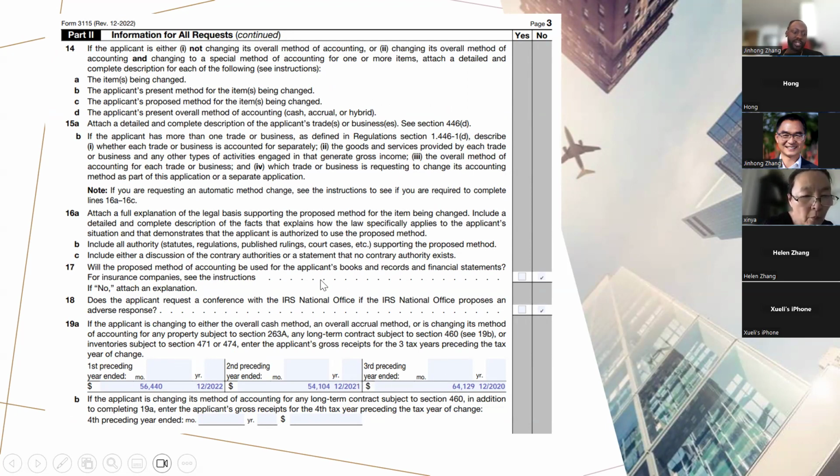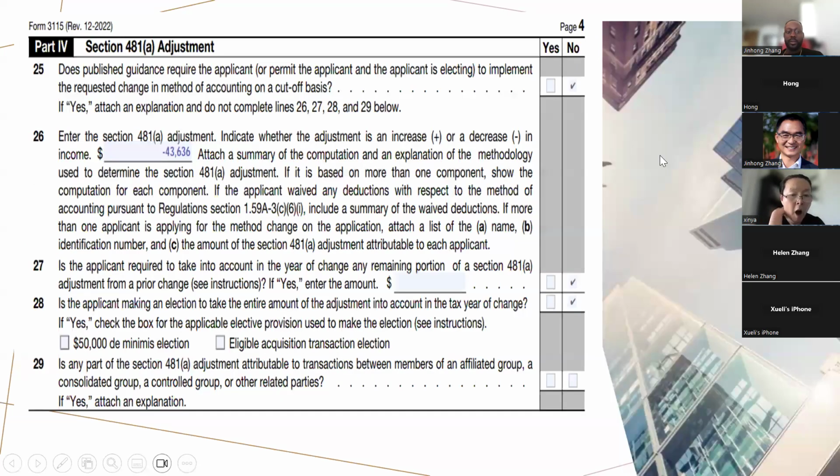You also have to go back and check your previous tax returns to see how much the total income related to the accounting change. So we have the total income for the previous years here, and here is where you have the adjustment.